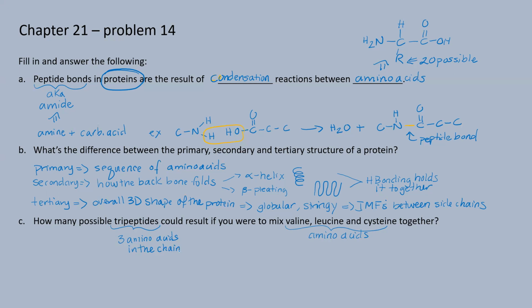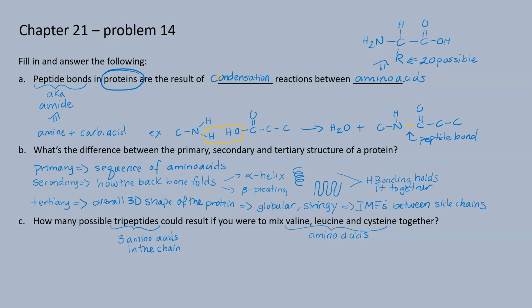If we mix these together, we're not just taking 1 valine, 1 leucine, and 1 cysteine with teeny tiny tongs and throwing them into a beaker, but rather we're going to take a bunch of valines, a bunch of leucines, and a bunch of cysteines. They don't know who should be next to each other because this is not being done inside of a cell. It's not being coded for by DNA. So it's just going to be random hookups.